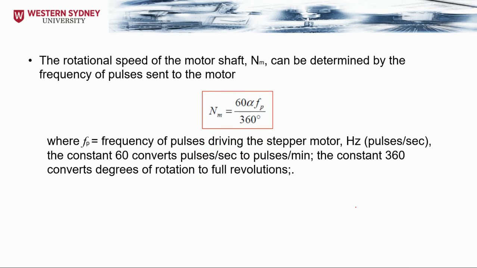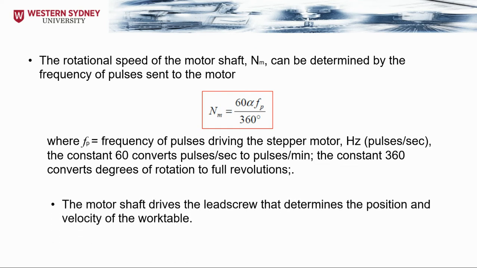Now the rotational speed of the motor shaft, the RPM, is equal to 60 multiplied by alpha multiplied by the driving frequency, divided by 360 degrees. And of course the speed is in RPM.